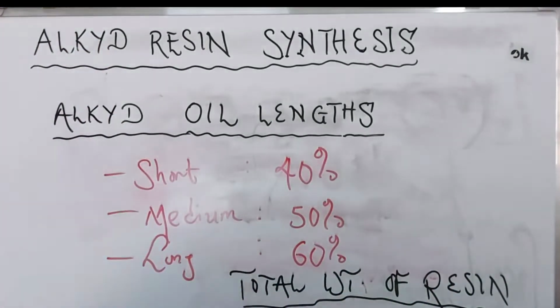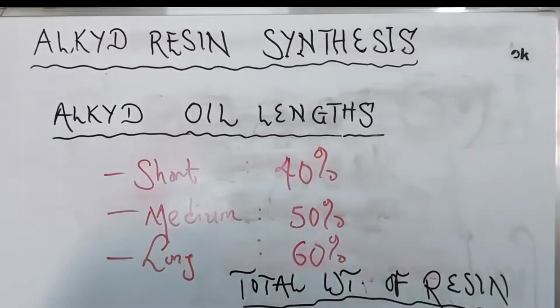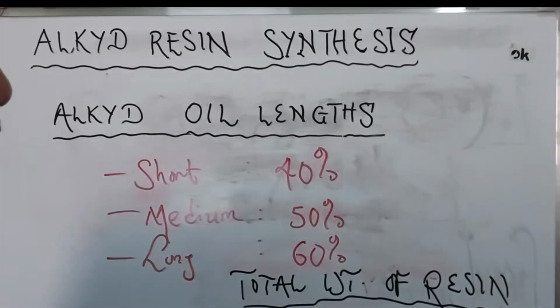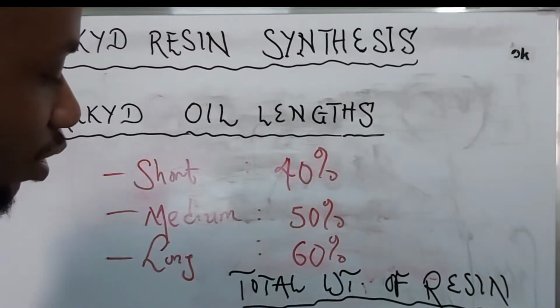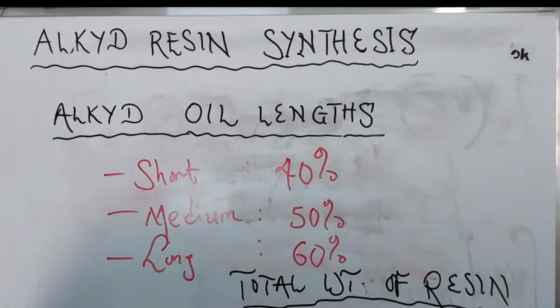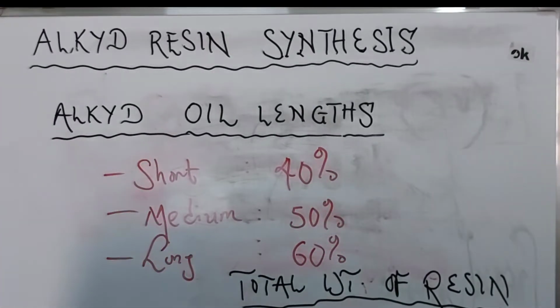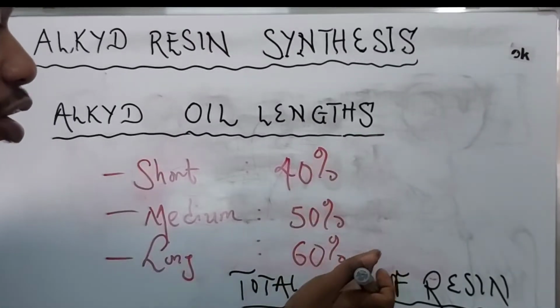It depends on how many gram of resin you aim at synthesizing. For the purpose of this lecture, we'll be working on a 300 gram resin. We want to synthesize a 300 gram laboratory use resin for the formulation of a paint. So 300 gram is quite okay, 300 gram for each of these oil lengths.